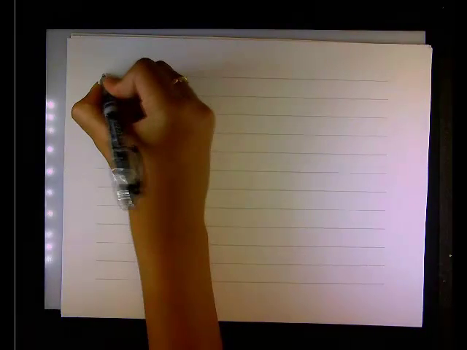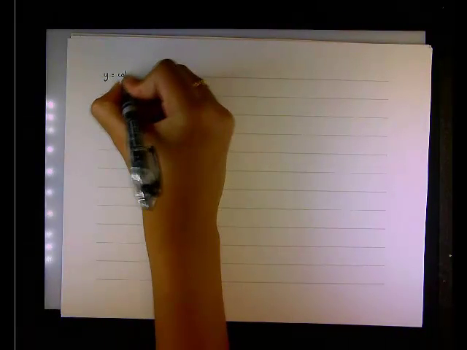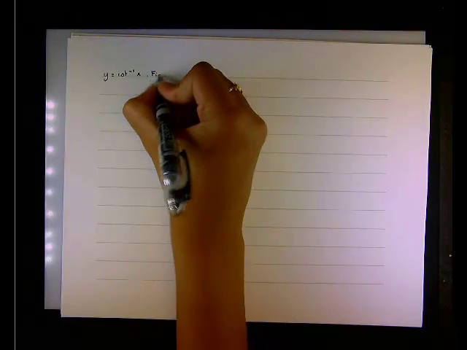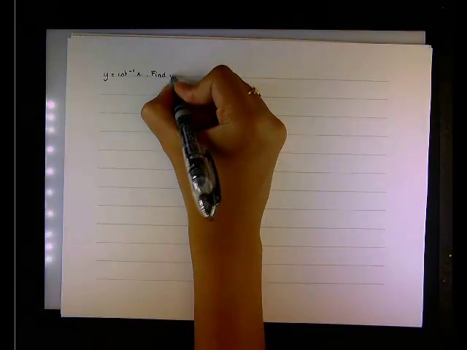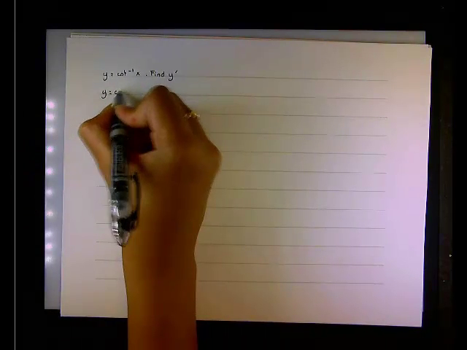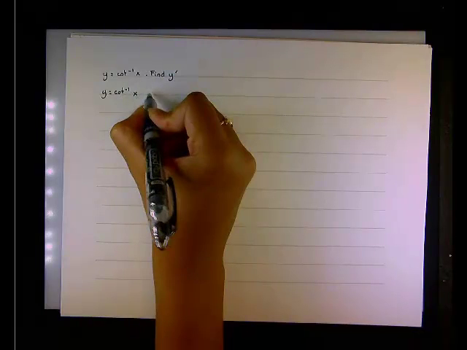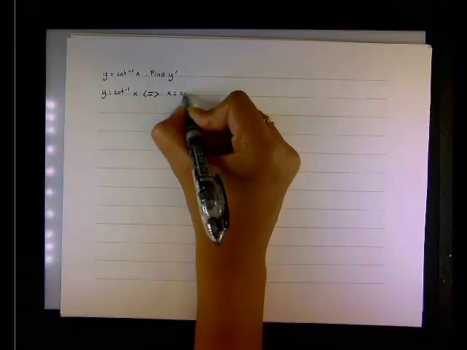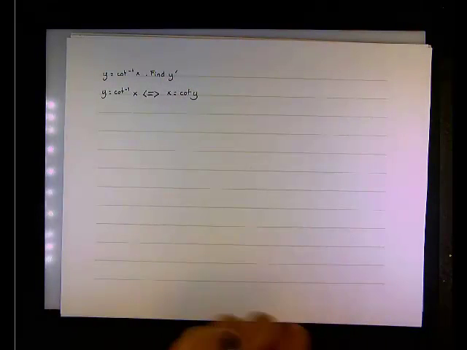Okay, this time I'll use y equals inverse of cotangent of x. Y equals inverse cotangent of x is the same thing as x equals cotangent of y.